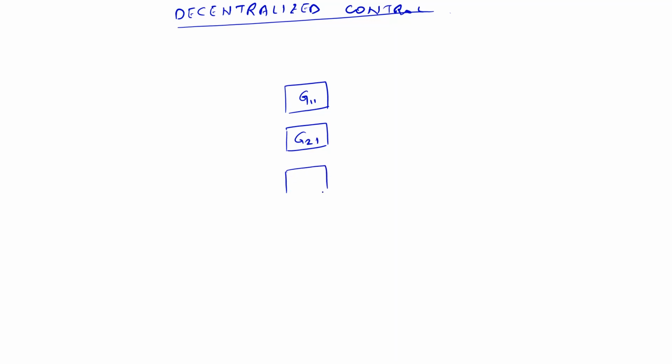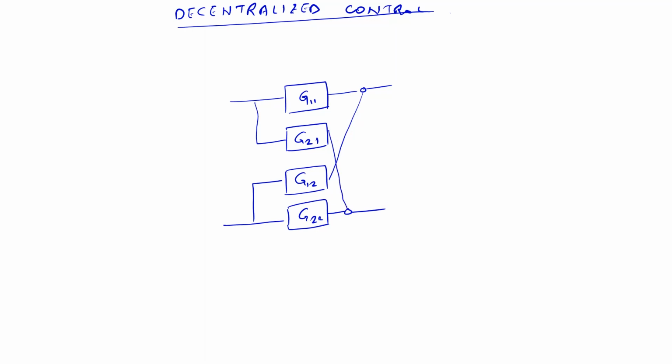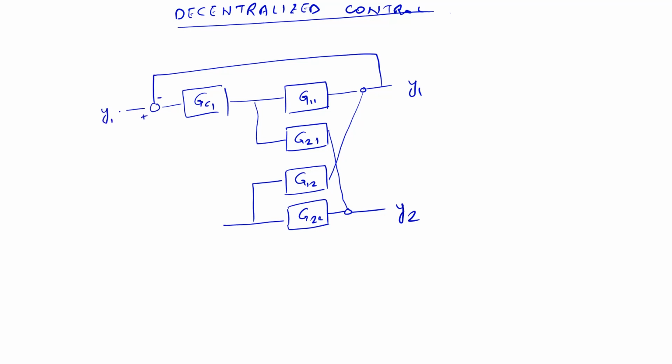So we've got this 2x2 system, and a decentralized control system would be y1 being controlled using its own controller, and y2 being controlled using its own controller. That's a decentralized control system.